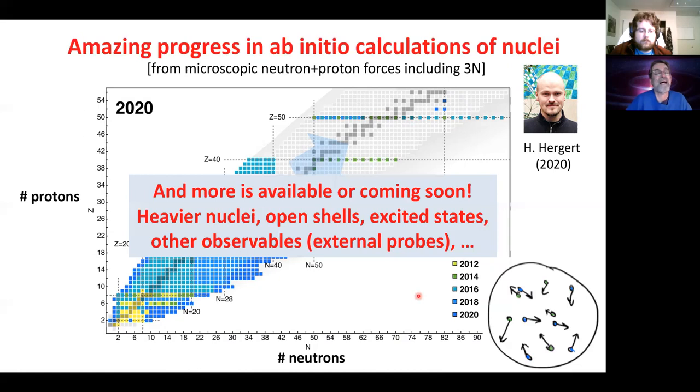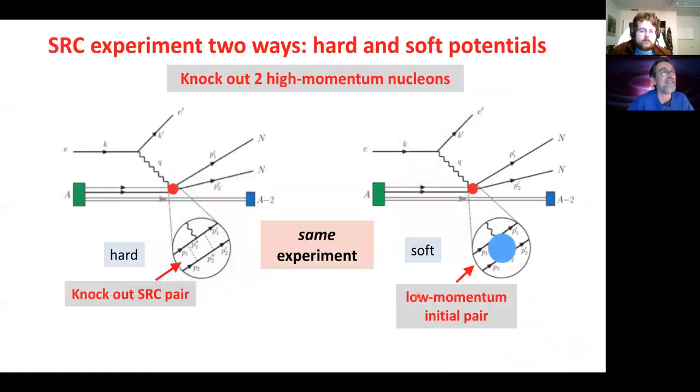So how do we reconcile these two pictures? I'm going to give you the answer and then tell you how this relates to the renormalization group. These are cartoons of what is happening in the scattering that I mentioned. In the hard case, the idea was that the photon came in, interacted with one of these high momentum pairs, which were in the wave function, and knocked it out, and the other one went flying the other way.